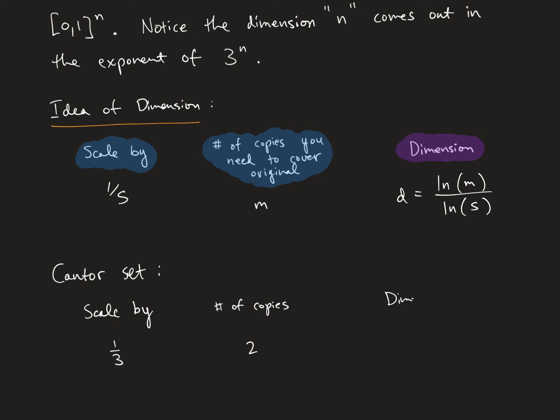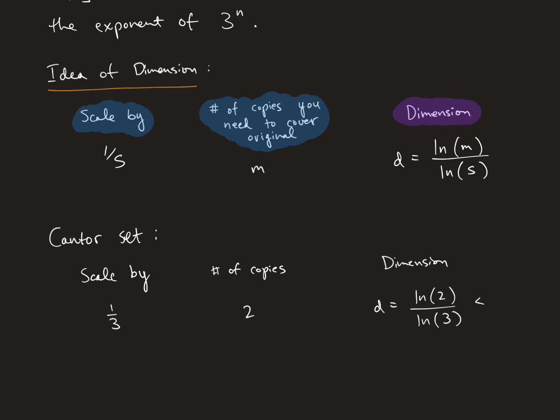And so the dimension, according to this formula, should be ln of the number of copies over ln of the inverse of that scale factor, so ln 3. And of course, this is a number less than 1. Right? So this is between 0 and 1 strictly.